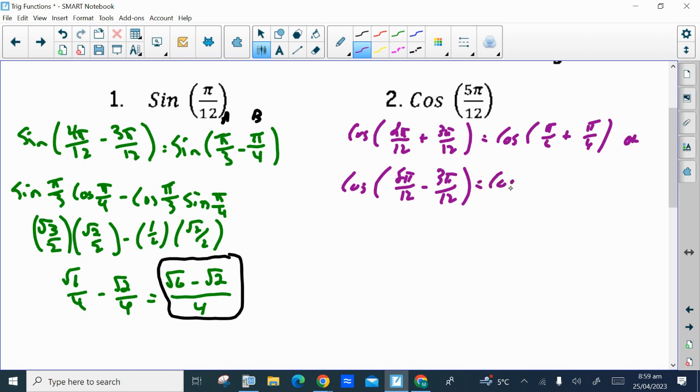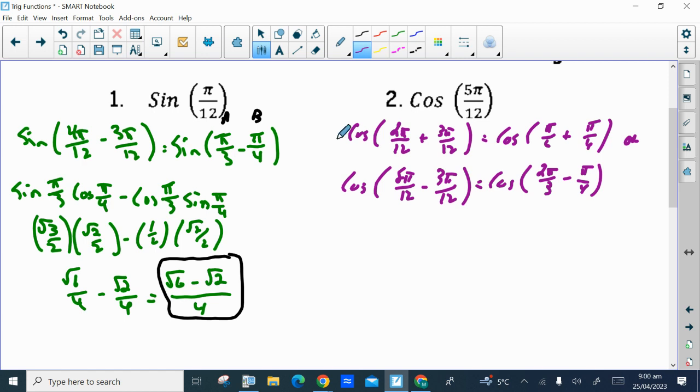So this would be the cosine of, if you multiply top and bottom here by 4, it'll be 2 pi on 3. Now that is on the unit circle, but it's in the second quadrant. But it's fine, it would still work, minus 3 pi on 12, which again reduces to pi on 4. So you could use either of these. It'll look different at the start, but you'll get the same answer at the end.